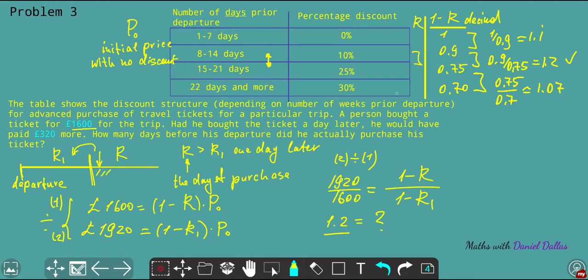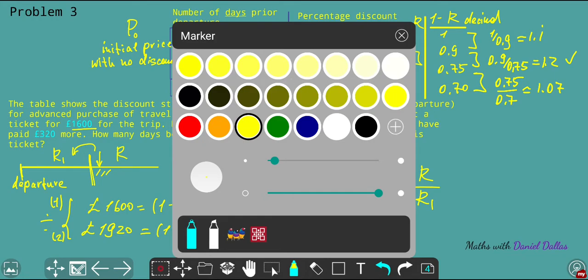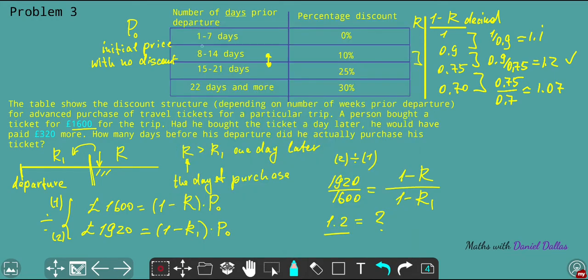How exactly to get the day of the purchase? Right now I just want to highlight that's where we're looking for our solution: how many days before his departure? Right now we understand that this is going to be rate, and the one a day later is going to be rate 1.